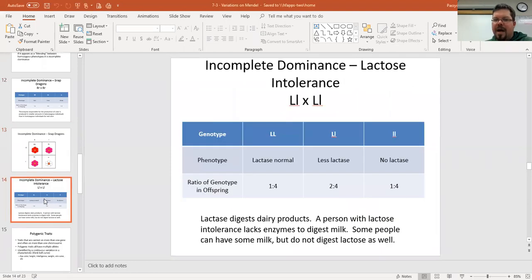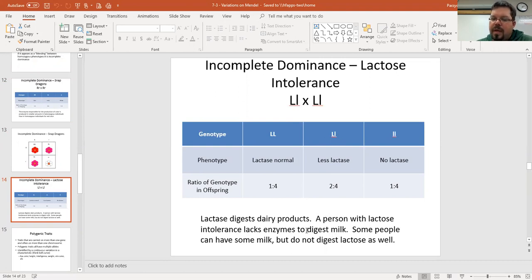Another example of incomplete dominance in humans is lactose intolerance. Maybe you know somebody who is lactose intolerant, maybe somebody in our classes. But there's also lactose sensitive, which are the heterozygote individuals. Capital L represents the dominant form of the allele, and lowercase l represents the recessive form. A person with lactose intolerance lacks the enzymes to digest milk.